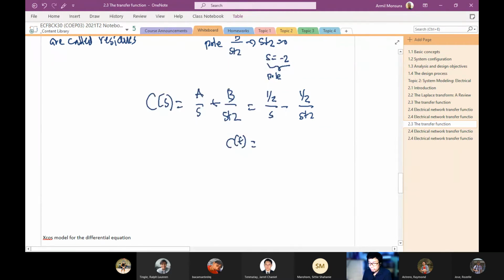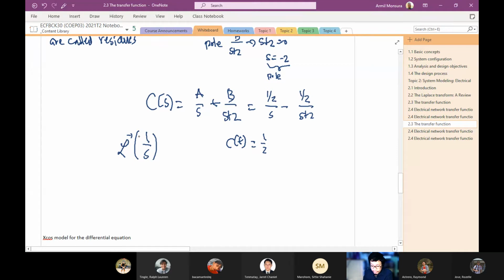Yung inverse Laplace transform nito is found by isolating first this constant. So 1/2. Tapos ang maiiwan kasi pag na-isolate ko na yung 1/2 is 1 over S. Okay, tingnan niyo mabuti ha. Yung maiiwan diyan is 1 over S. Okay? So what I need to find out now is what is the inverse Laplace of 1 over S.